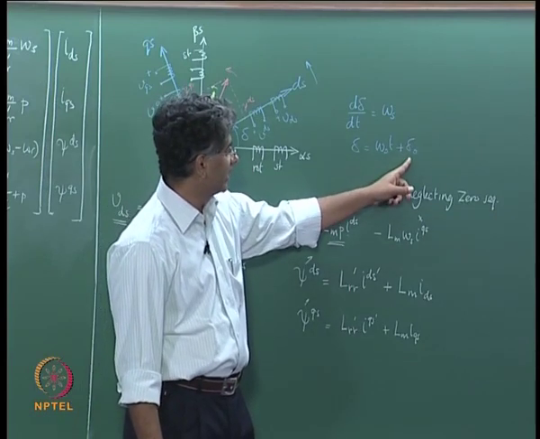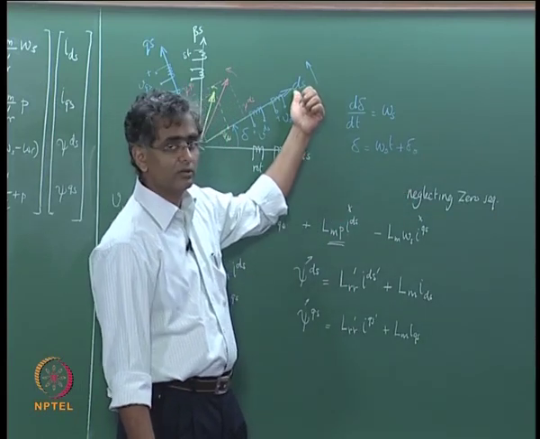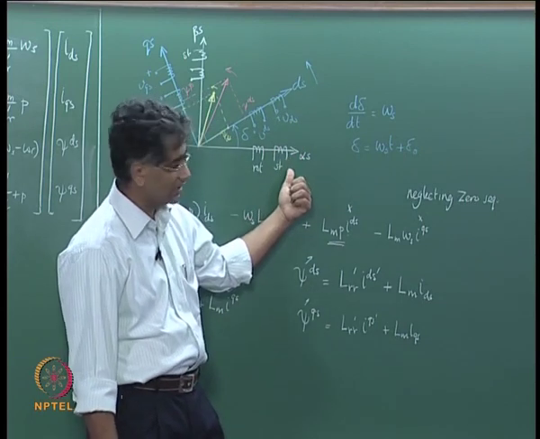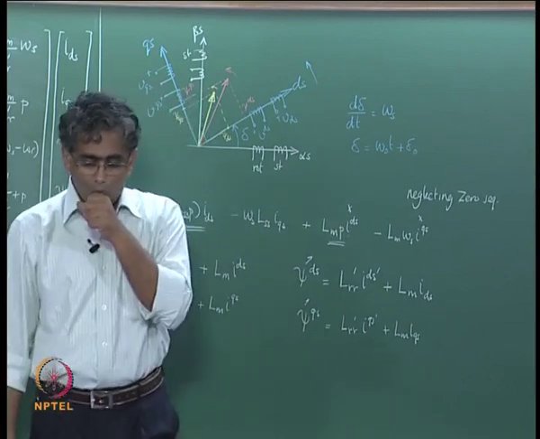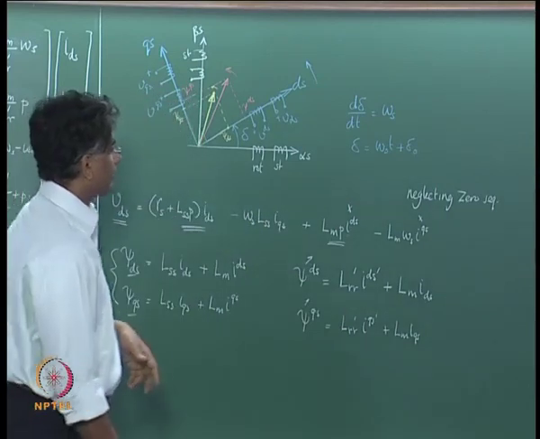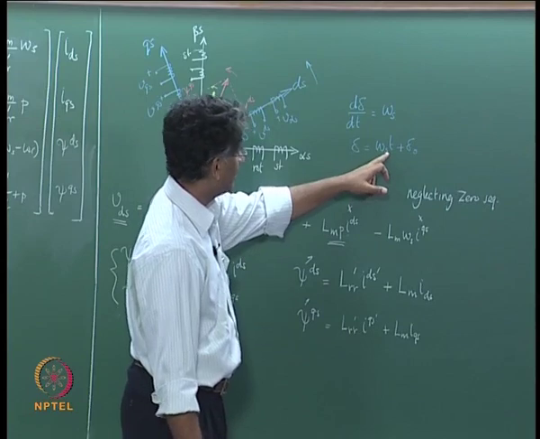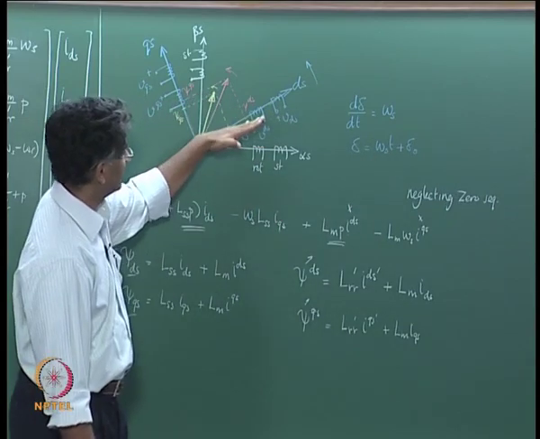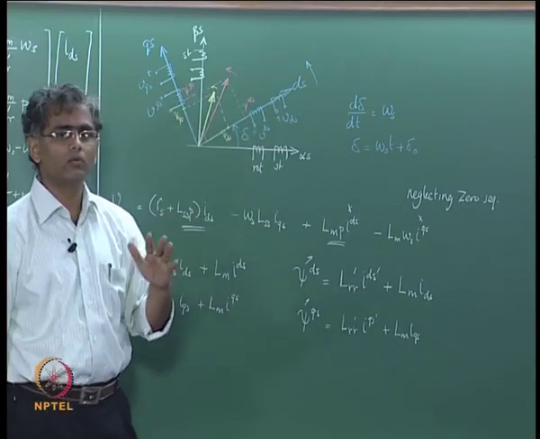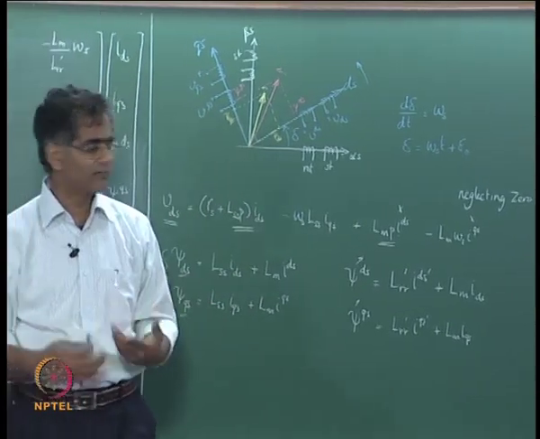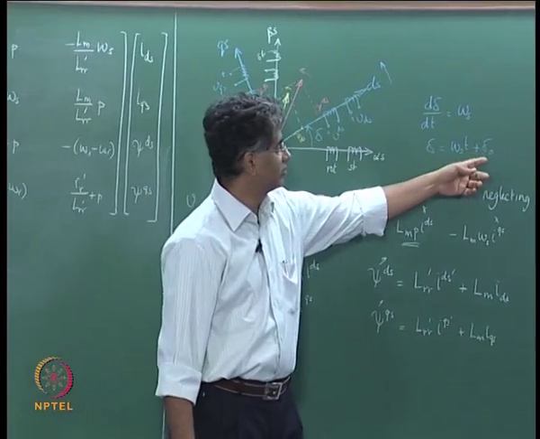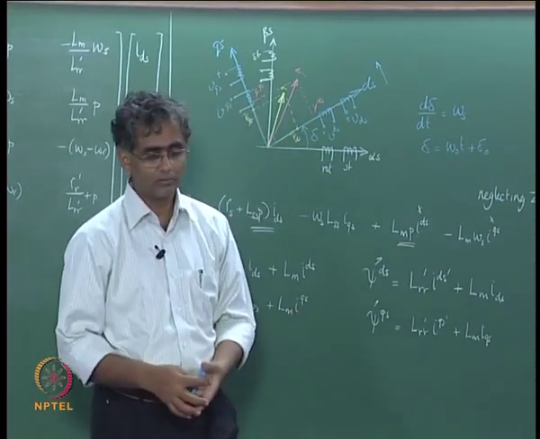Delta naught is the angle that the d axis is going to make with respect to the alpha s axis of the stator at t equal to 0. So one can now choose the d axis of the reference frame anywhere you want by choosing the angle delta appropriately, or in this case by choosing delta naught appropriately.